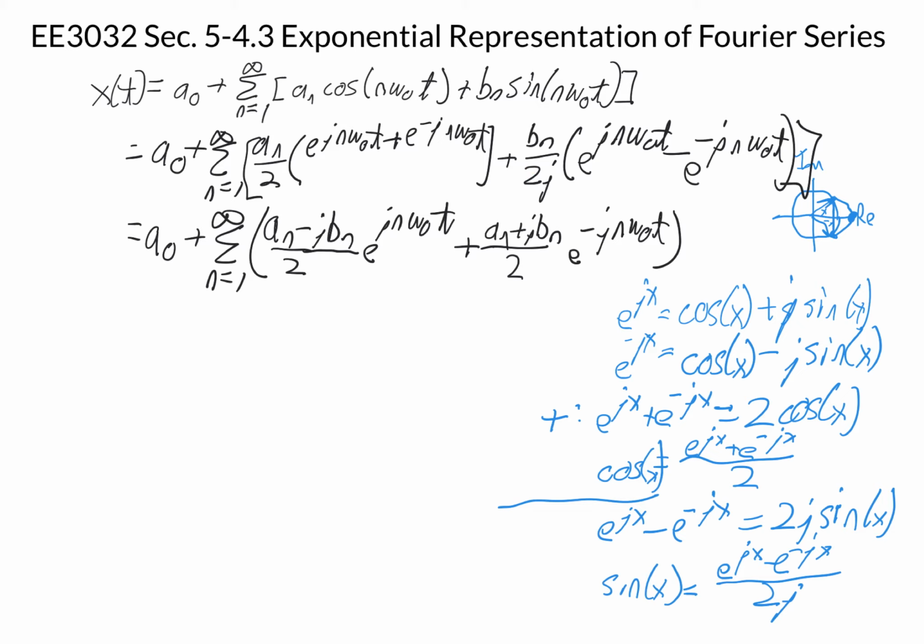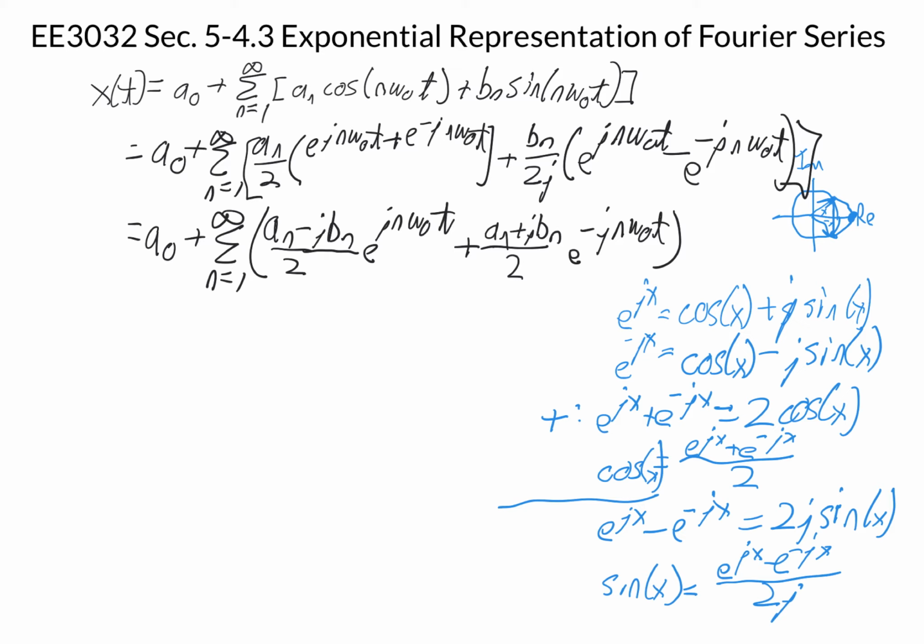And I want to get just 2, not 2j in the denominator. So I multiply by j over j. So I have minus j times b of n over 2j squared, or negative 1. So my minus b of n becomes plus b of n, times j. And then my denominator becomes 2, matching up what I have here.